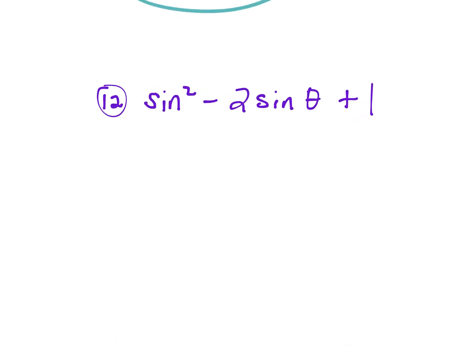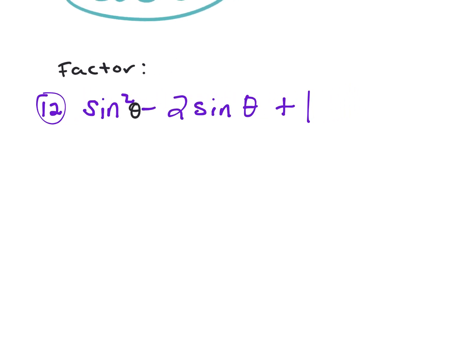So with number 12, the directions would say factor. How could we factor here? Oh, and we're missing a theta. But how could we factor here? You can just pretend that this has x's and factor normally. If this was x squared minus 2x plus 1, we would ask ourselves, what are two factors of 1 that add to negative 2?